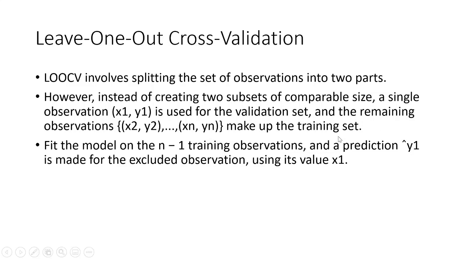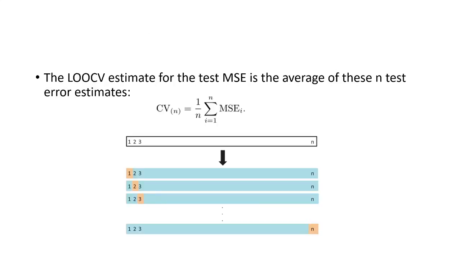We have a picture here. In the first step, you leave out the first observation, which is in orange here, and you fit the model using the blue part, and you compute the MSE for the first one.